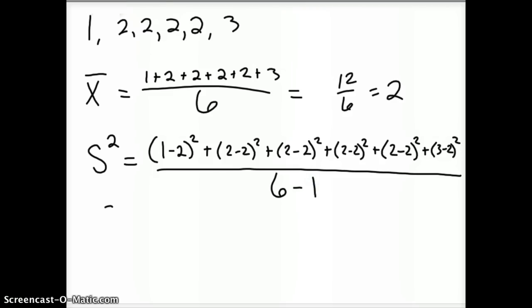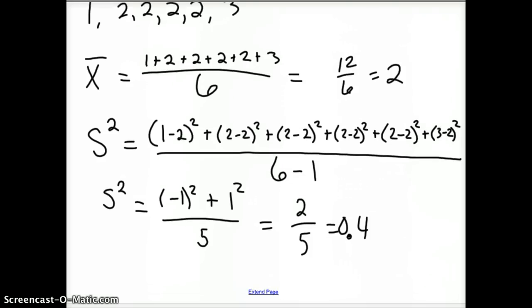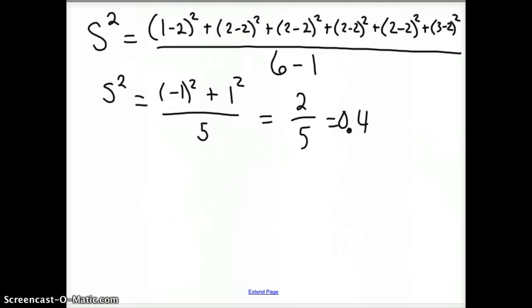Then you keep going and simplify it, and you'd have negative 1 squared plus 1 squared, because the 2 minus 2's are 0, over 5. That simplifies to 1 plus 1, which is 2, over 5, which is 0.4. So there's your variance. To find standard deviation, you just take the square root of that.